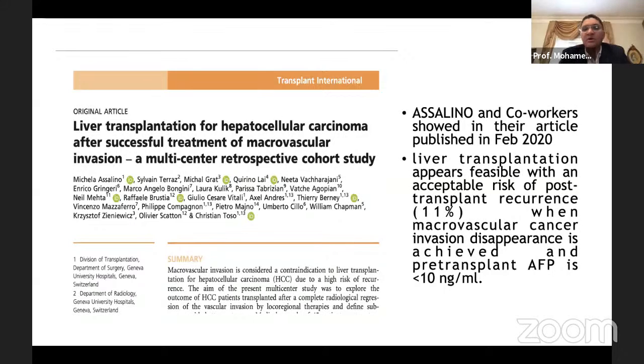But there are two main factors: macrovascular invasion's disappearance achieved before transplantation, and alpha-fetoprotein before transplantation not more than 10 nanogram per milliliter.